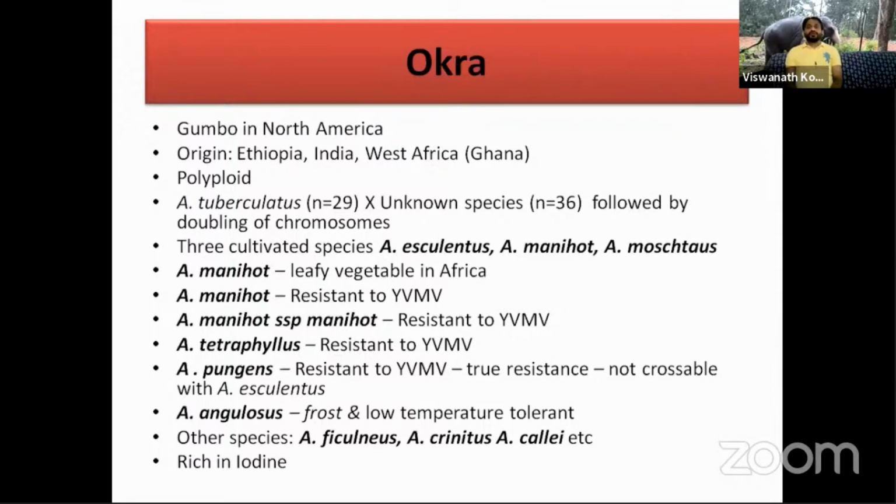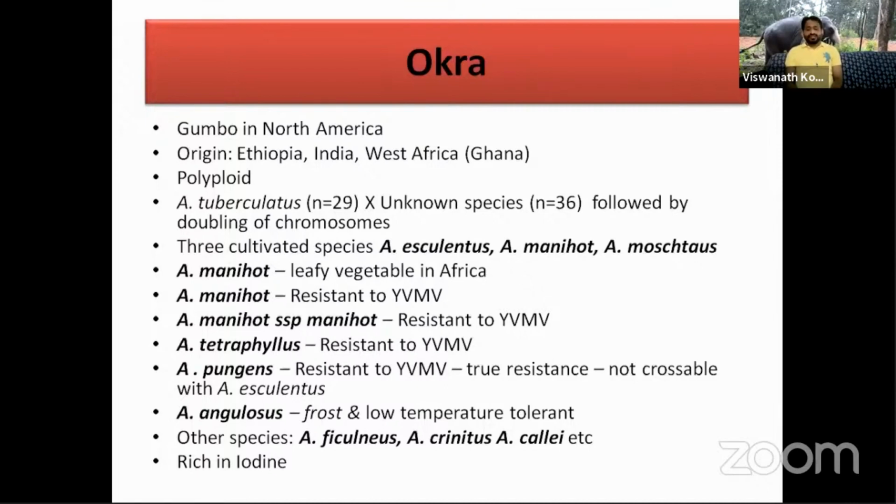So when we transfer the resistance from the manihot subspecies, manihot and tetraphyllus, to the cultivated types, the resultant progeny is generally resistant for a few years only, 3 or 4 years. Afterwards they eventually break the resistance because of the false resistance in the source.